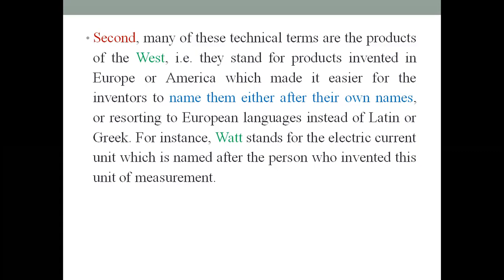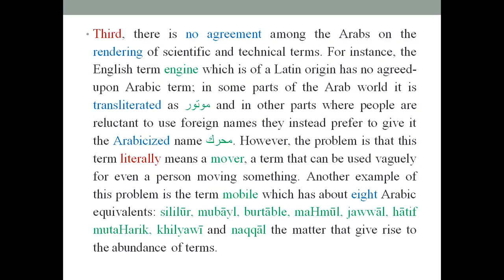It is the name of the person who invented this unit. So, these technical or scientific terms were originally invented in the West or in English, but when we borrow them into Arabic, they seem strange to some extent.